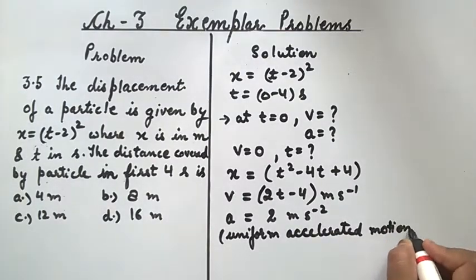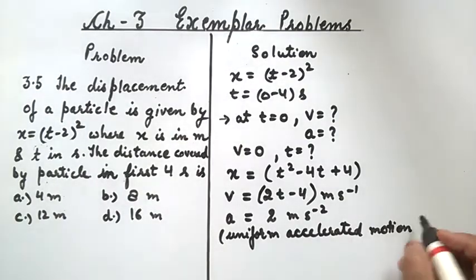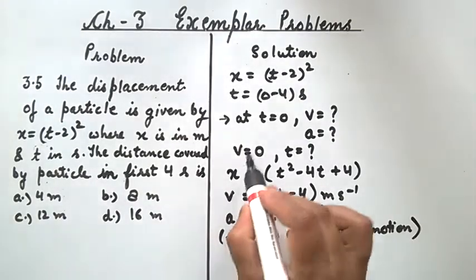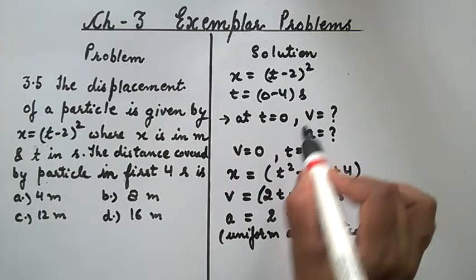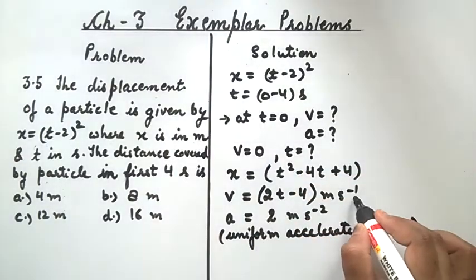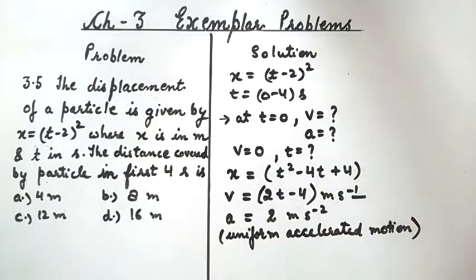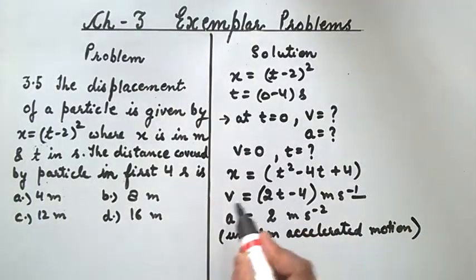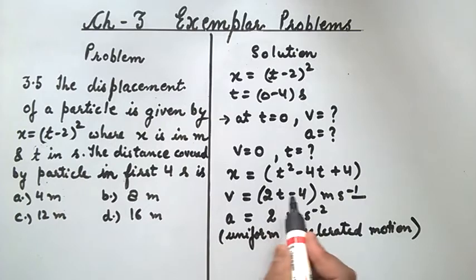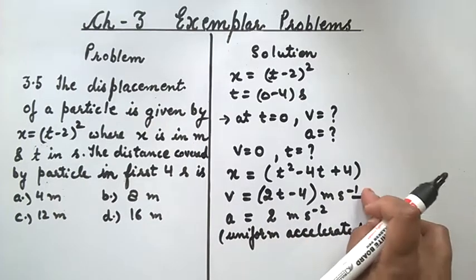That is, the change in velocity per unit time is constant. Now we will calculate the initial velocity at time t equal to 0 from the given equation of velocity. At t equal to 0, the initial velocity is equal to minus 4 meter per second.